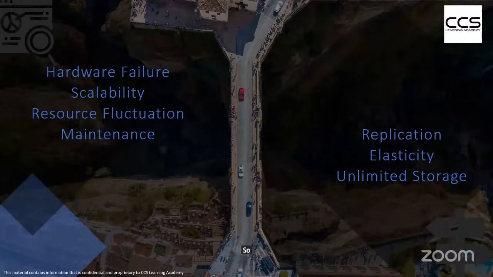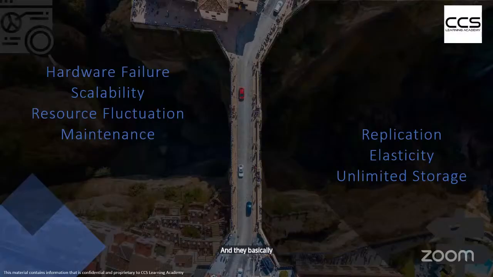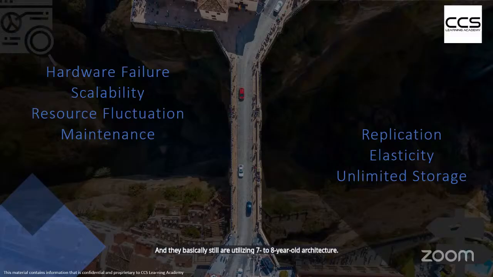When we have a private cloud architecture, where organizations and companies manage their own infrastructure in-house, as I discussed with you, we are getting different projects from the state government marketing from the US, and they still utilize 7 to 8 year old architecture running on their on-premise data centers.